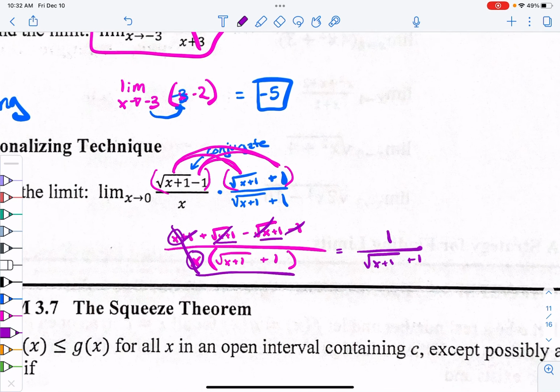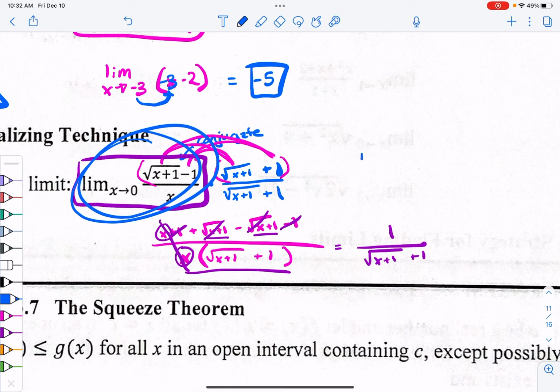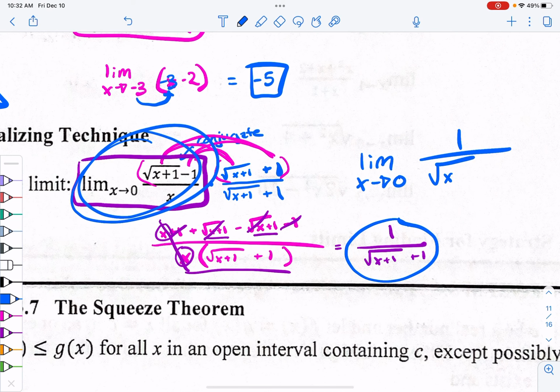Okay, now we were originally wanting to evaluate this limit. We can't evaluate the limit at 0, because if I try plugging 0 in, I end up with 0 in the denominator. But now that I've done all that rationalizing stuff, evaluating this limit is the same as evaluating the limit as x goes to 0 of this stuff, right? I didn't change it at all.